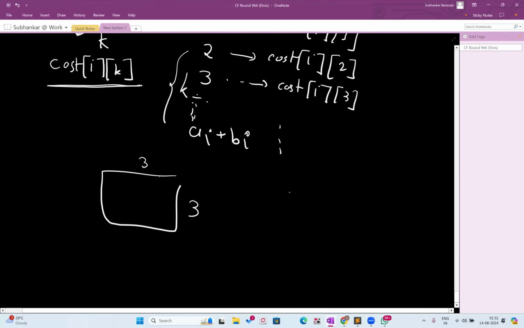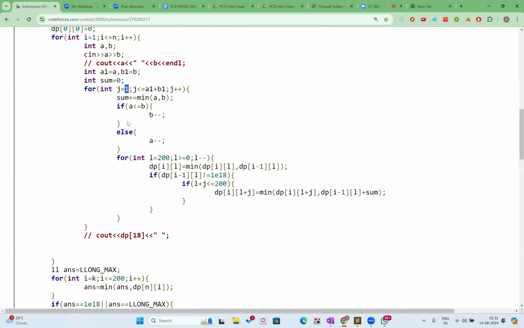Initially, I'll reduce it to a 2 cross 3 rectangle. The 3 cross 3 square will be cut off, and a 2 cross 3 rectangle will be formed. For the next iteration, I have to update a and b, so I'll update the maximum of a and b by minus 1.